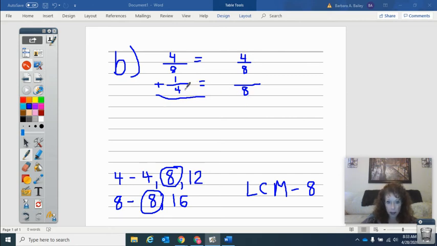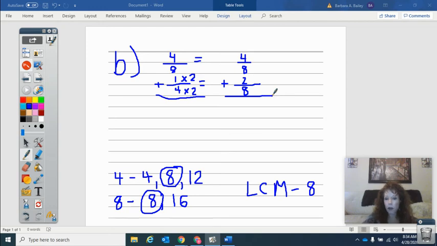Well, 4 times 2 is 8. Okay, 1 times 2. If I multiply times 2 in my denominator, then I have to do the same thing in the numerator. 1 times 2 is 2. Okay, so I've changed 1/4 into 2/8 so that I can add these two fractions.